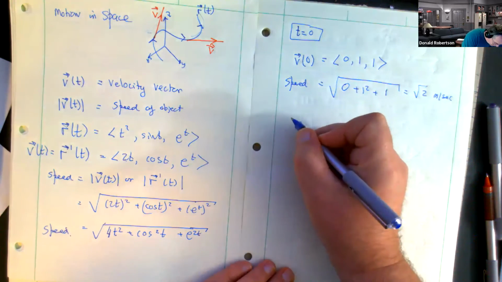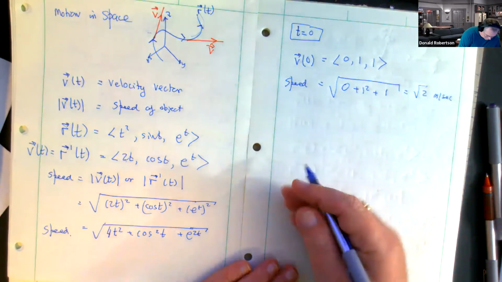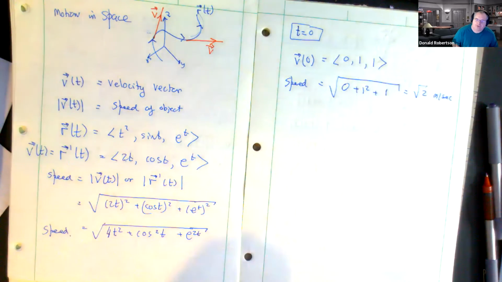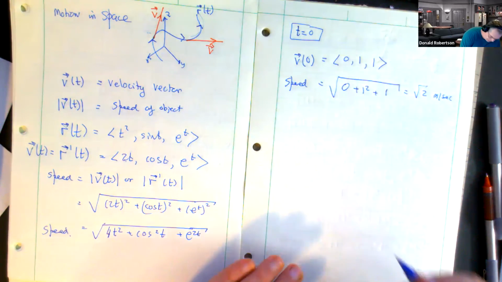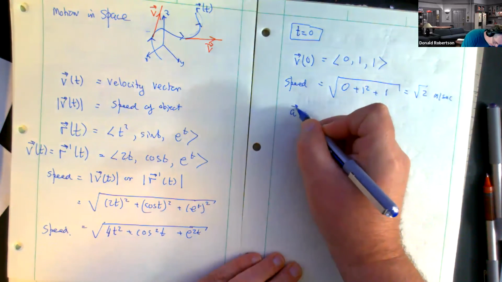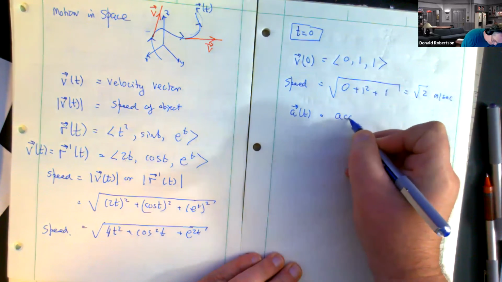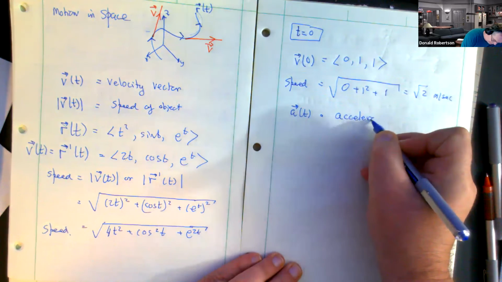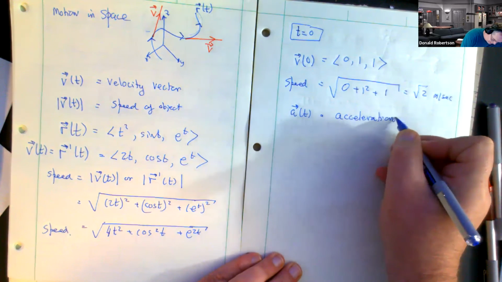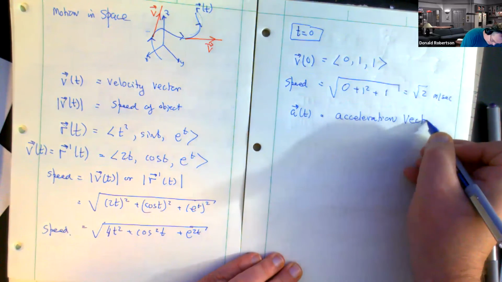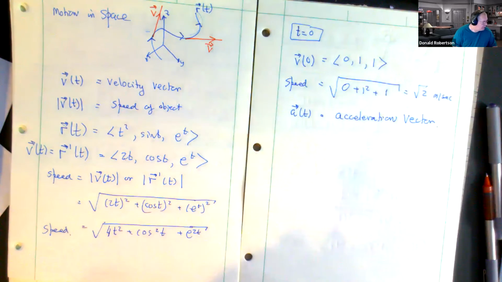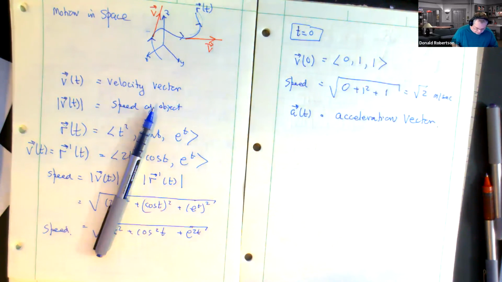Now, the next thing that you would probably be interested in calculating when you're talking about something moving in space would be its acceleration vector. The acceleration vector is very closely related to Calc 1.